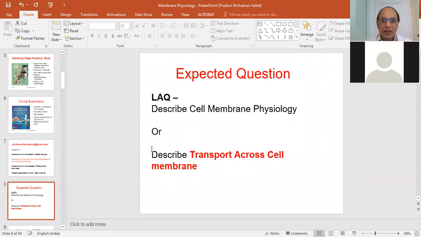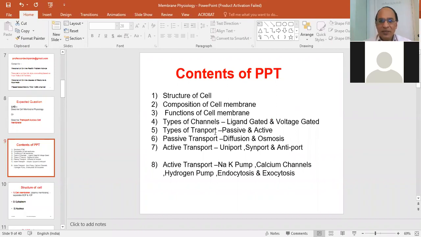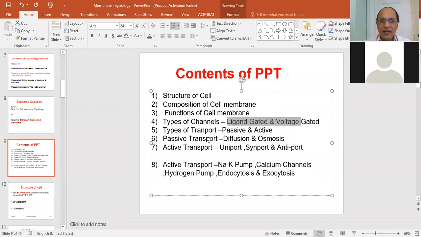The contents of this PPT: structure of the cell, composition of the cell membrane, functions of the cell membrane, and types of channels. Channel means the doors. At the cell membrane, there are some doors. Basically, there are two types of doors, ligand gated and voltage gated. Then the types of transport are basically two, active transport and passive transport.